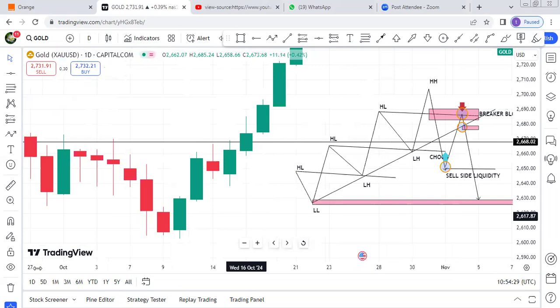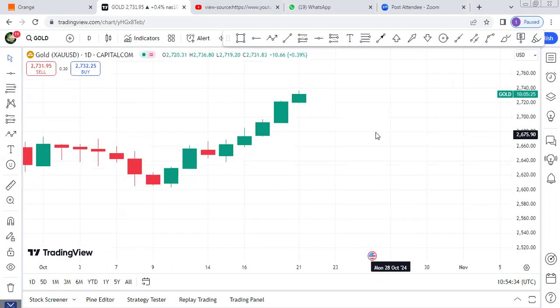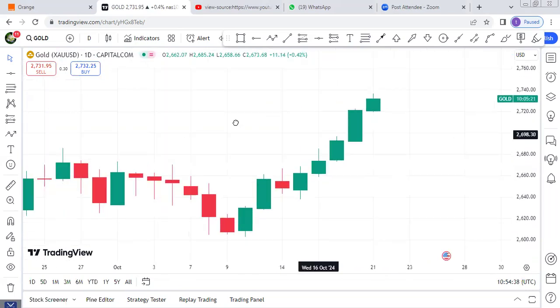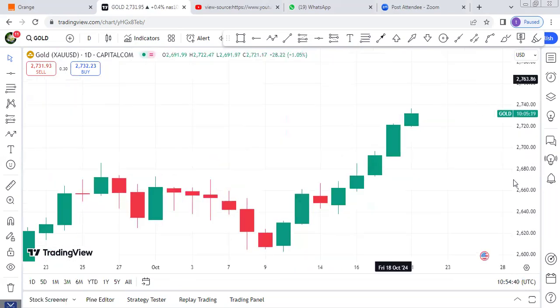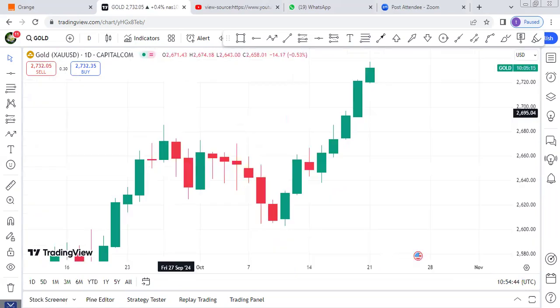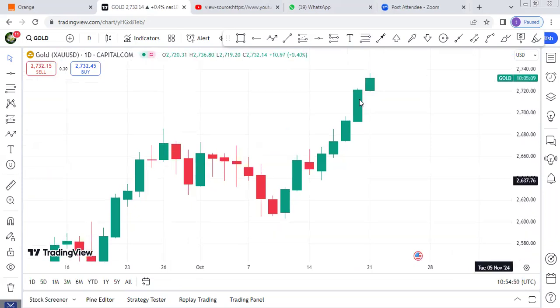Now, let us look at what we have on gold. Gold has been giving us a little bit of bias that we have seen on the daily structure so far. So we want to discuss gold and see what we should expect on gold. So now let us look at this break of structure.